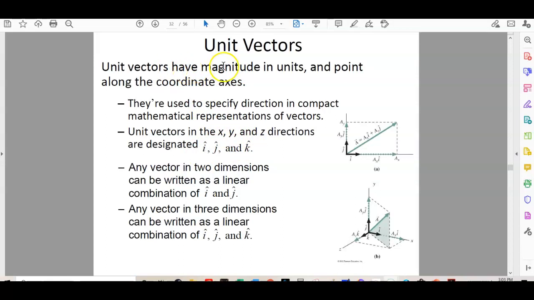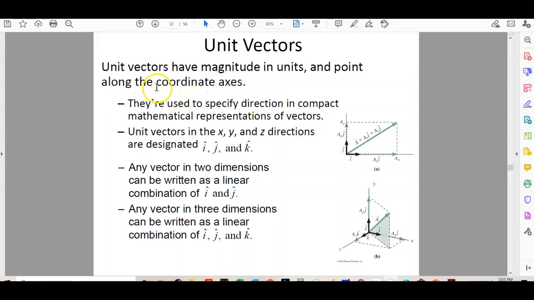And so unit vectors have magnitudes in units, relative to whatever units you're using, so meters per second or newtons or meters per second squared or meters, things like that, right? And they point along the coordinate axis, all right?